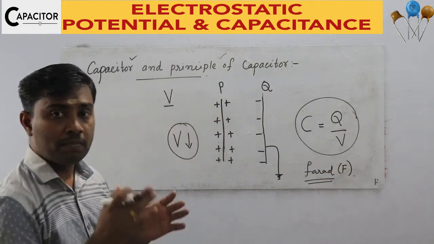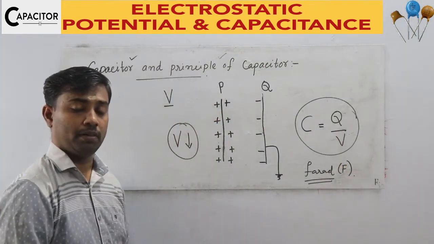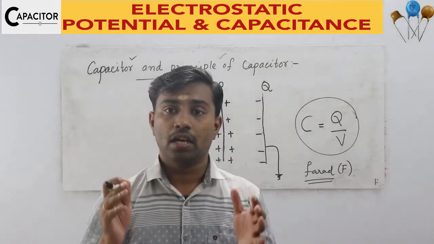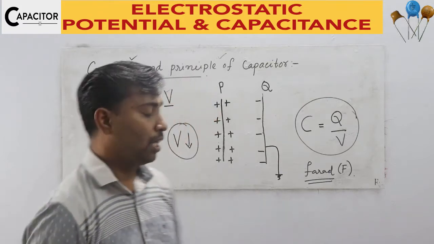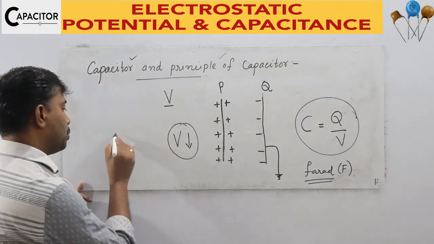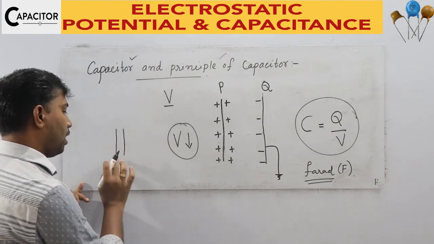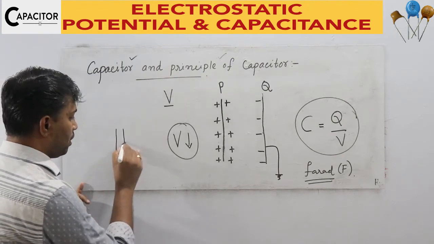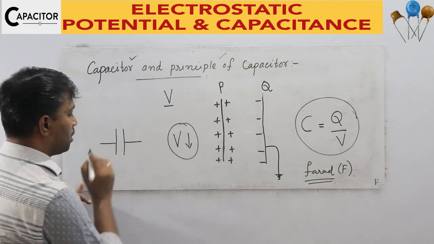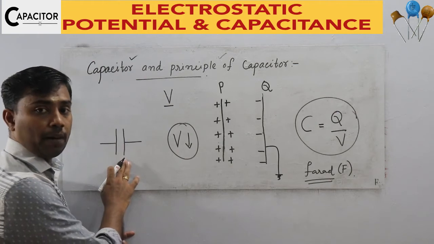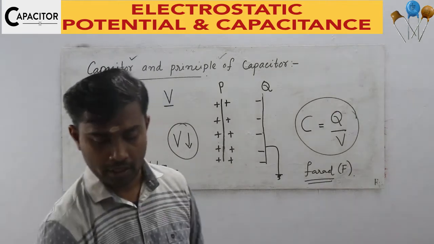And the symbolic representation. Next we are going to study how we can represent the capacitor. The capacitor can be represented by using two parallel lines of equal length. So this is the symbolic representation of a capacitor. Okay.